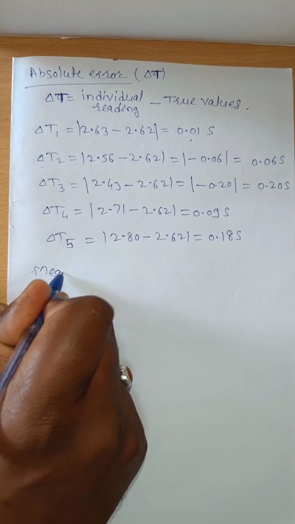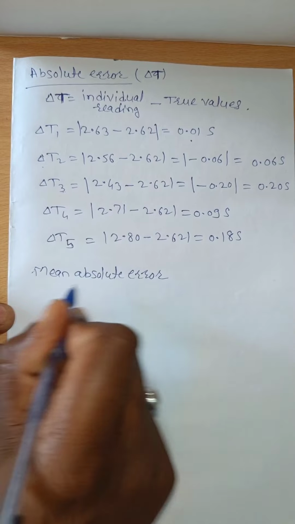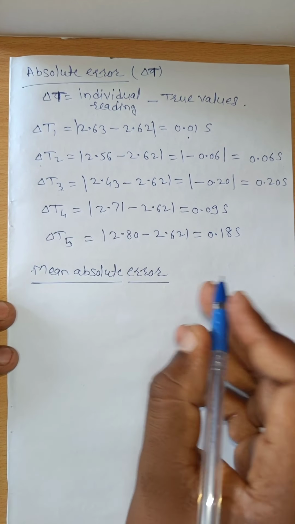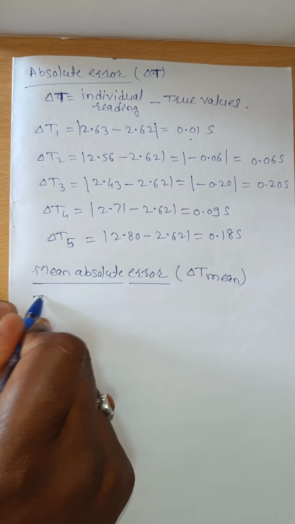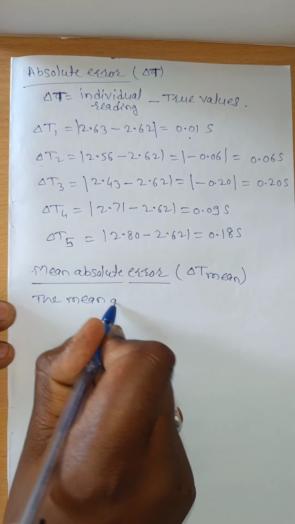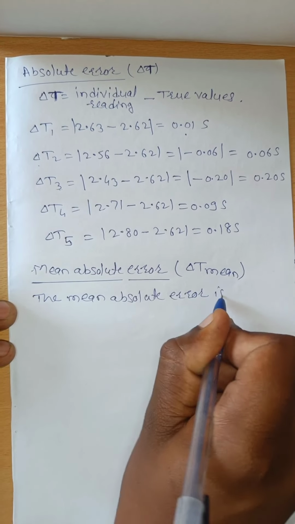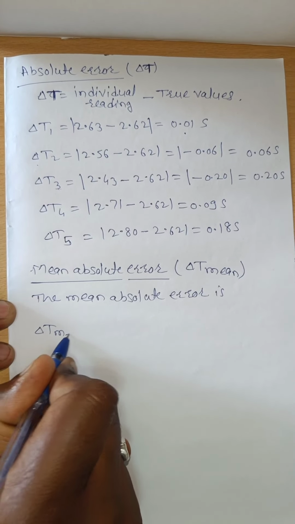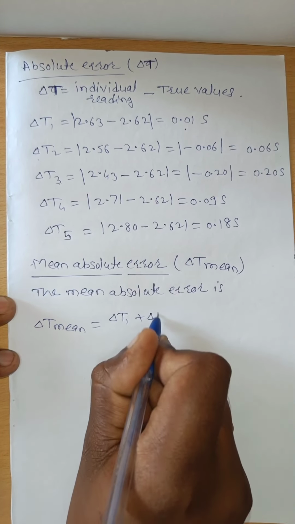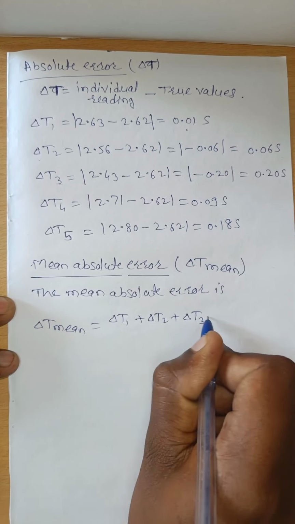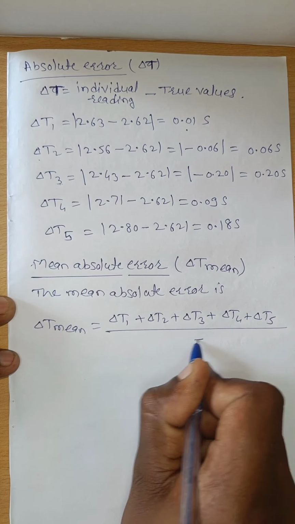The mean absolute error, that is delta t mean, is equal to delta t1 plus delta t2 plus delta t3 plus delta t4 plus delta t5, divided by 5.